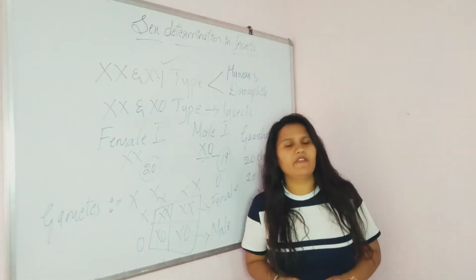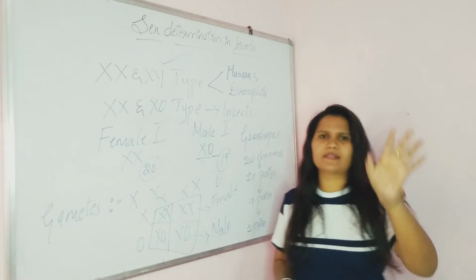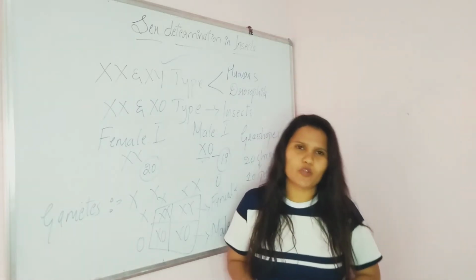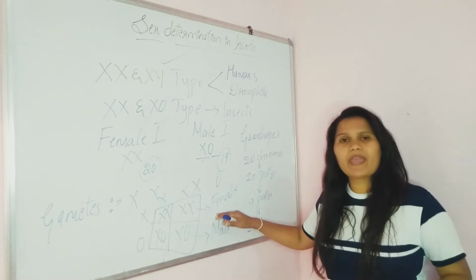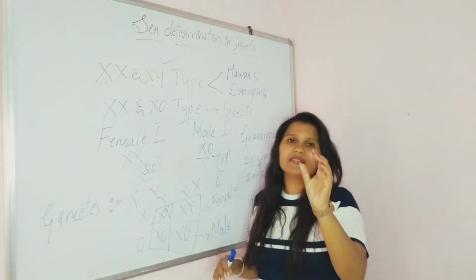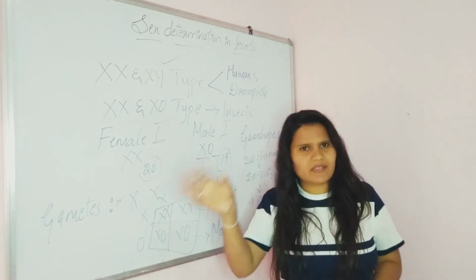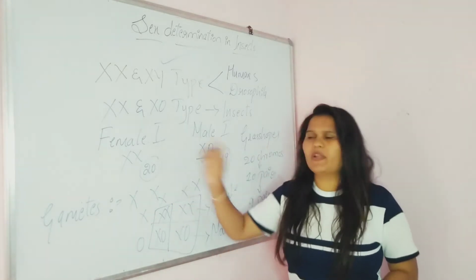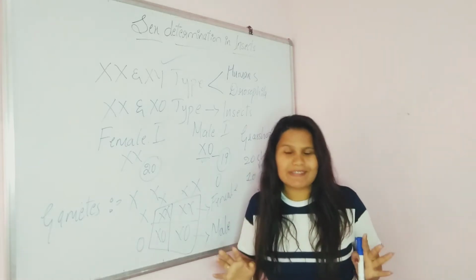We know that females have the XX chromosomes and males have X0, meaning only a single chromosome. Is this clear? So this is how we can determine the sex in insects. Let me tell you once again.